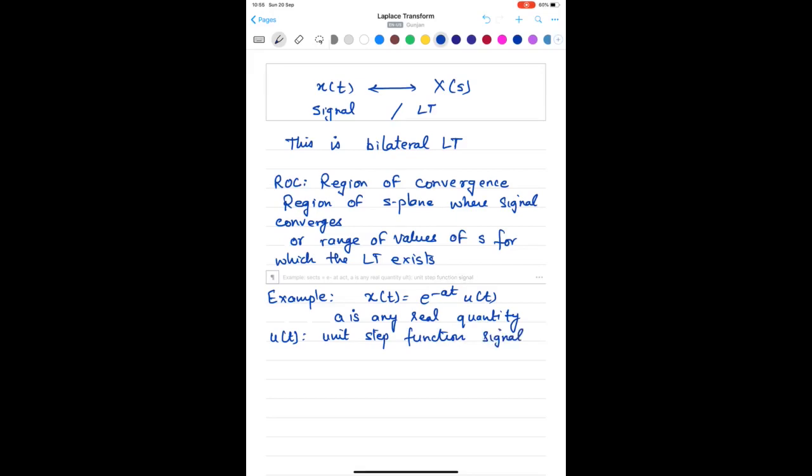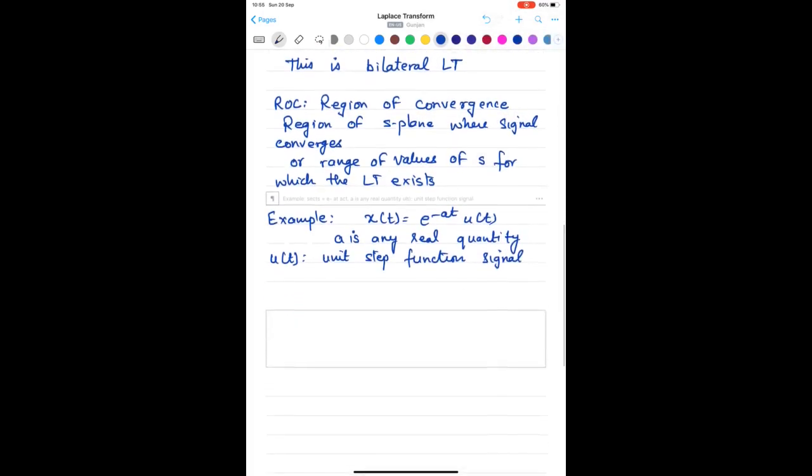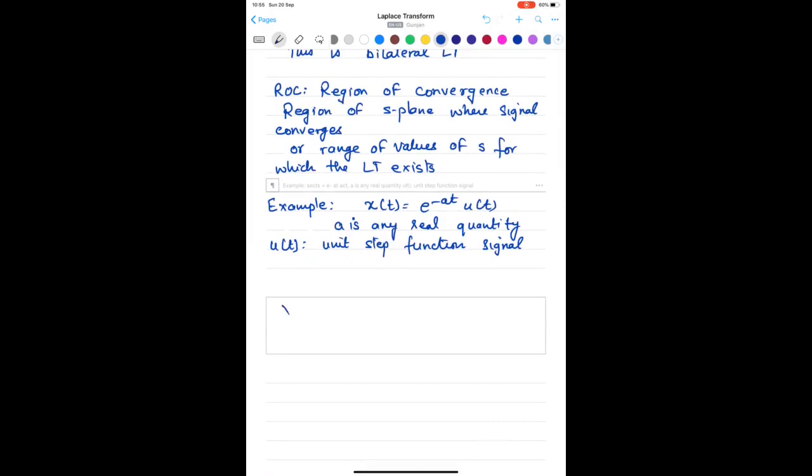So if we need to find the Laplace transform of this, then it will be x of s equals to minus infinite to infinite, e raised to the power minus at, u of t, e raised to the power minus st, dt. Now due to this unit step function, a range will be provided.